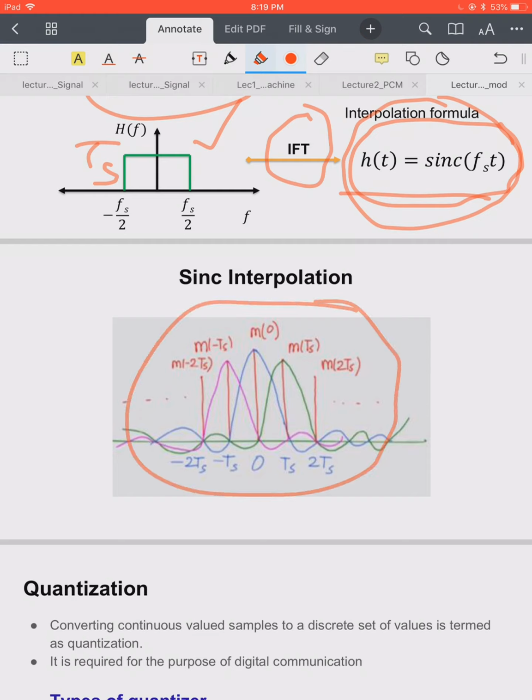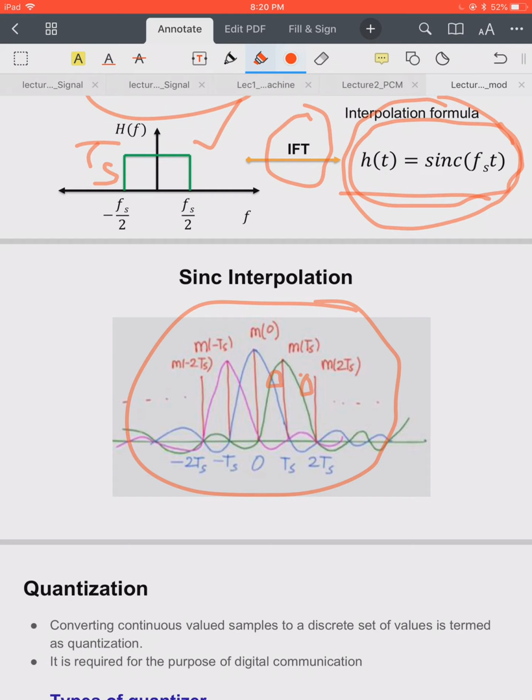An interesting property is that the zeros of this sinc coincide with the other samples, so it is not affecting the other samples. So the reconstruction occurs at the samples exactly. Between the samples, suppose 0, Ts, 2Ts, the reconstruction is not affecting the samples at the sampled locations, but interpolation is occurring at the intermediate positions.